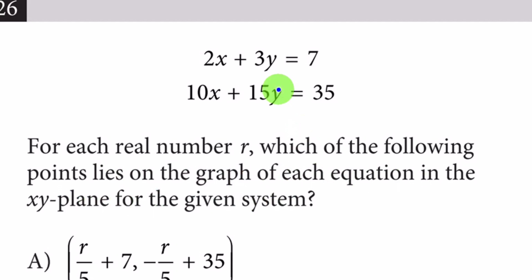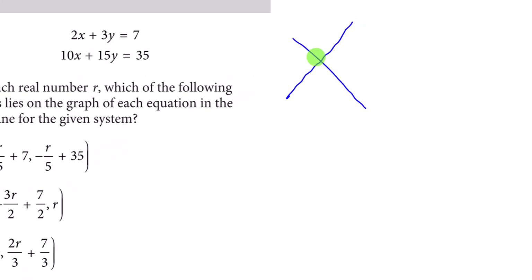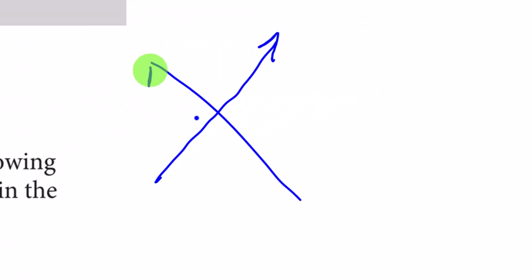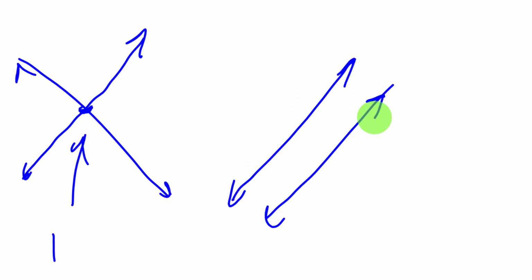Okay. This is a little bit strange because there are three possibilities, okay? If you're talking about a system of equations, the three possibilities are this. The first possibility is that the lines are going to intersect and you're going to have one solution. And that means they're only going to intersect at one point. There's only one point that could work. The second possibility is that these are two parallel lines and they're never ever going to touch.